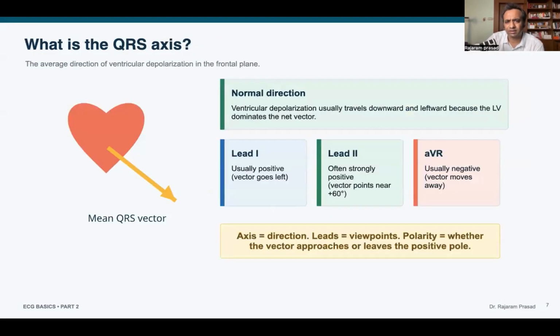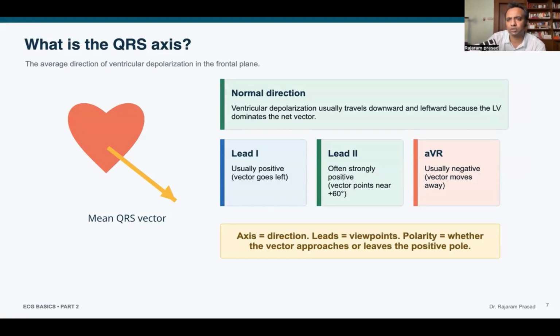What is the QRS axis? Normal ventricular depolarization usually travels downwards and leftwards because the LV dominates. The LV is bigger, contributing to bigger contraction and cardiac output. So the net vector flows towards the LV. The axis gives the direction, and the leads give the viewpoint and polarity, whether the vector approaches or leaves that positive pole.